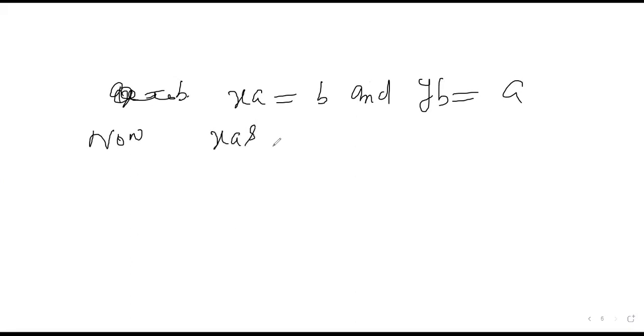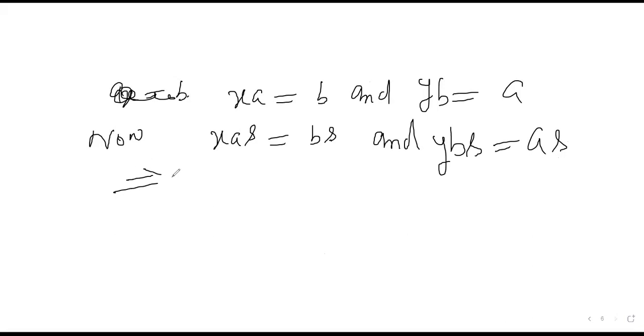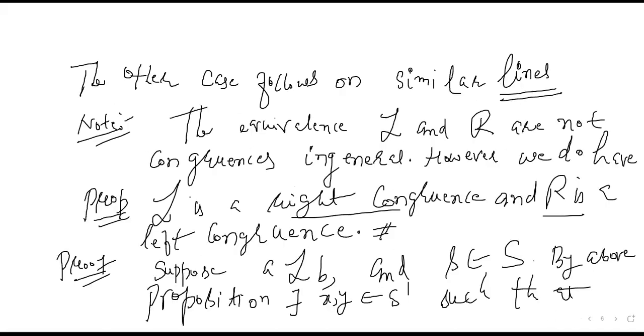Now, XAS equals BS and YBS equals AS. So again, by the definition of L, this implies that AS L BS.